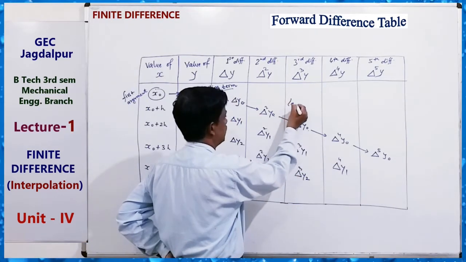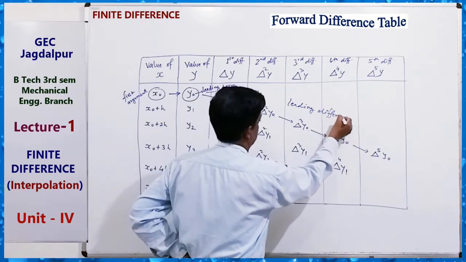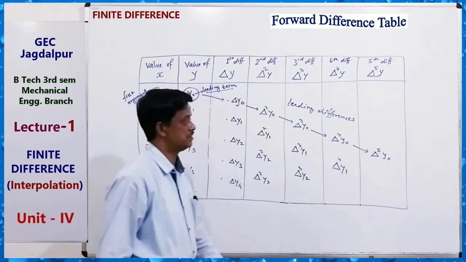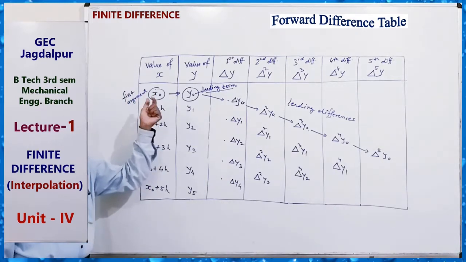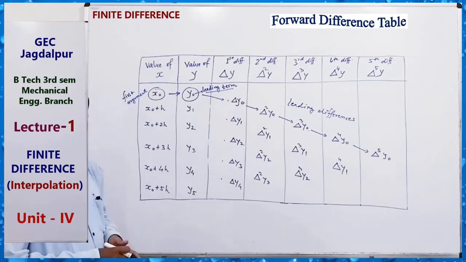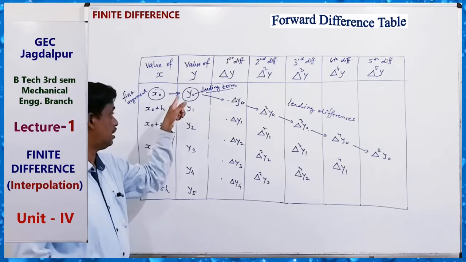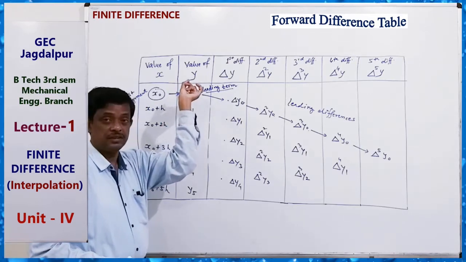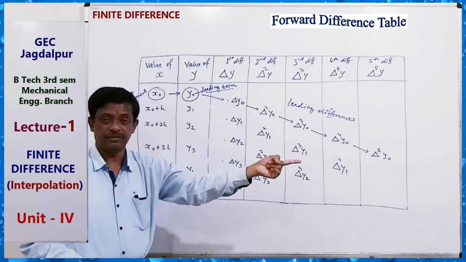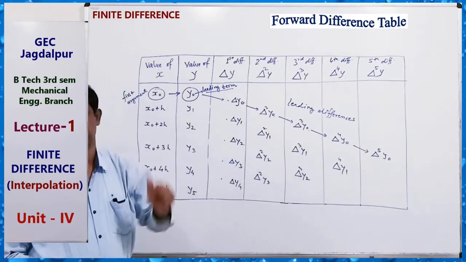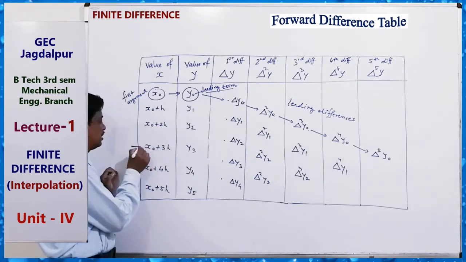If this is our origin argument, then this will be the leading term, and at this argument all the leading differences are used in the formula.